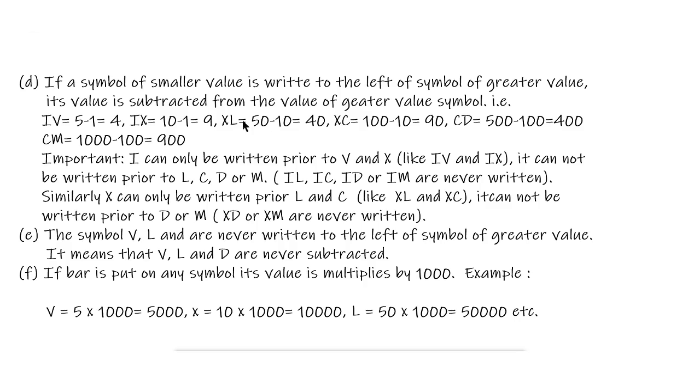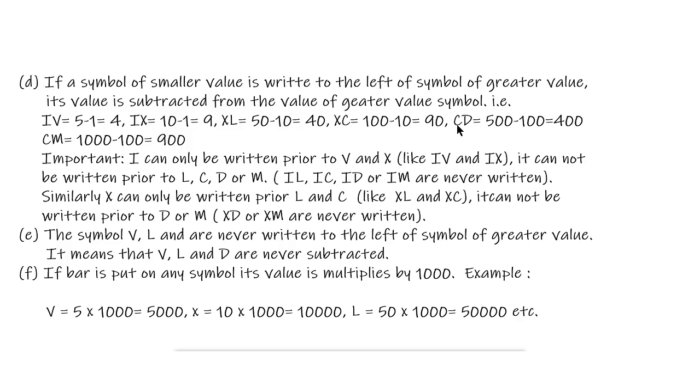So XL becomes 50 minus 10 equal to 40. XC, X is smaller than C, the value of X is 10, C is 100. So on writing X to the left of C, its value is subtracted. So this becomes 100 minus 10 equal to 90.